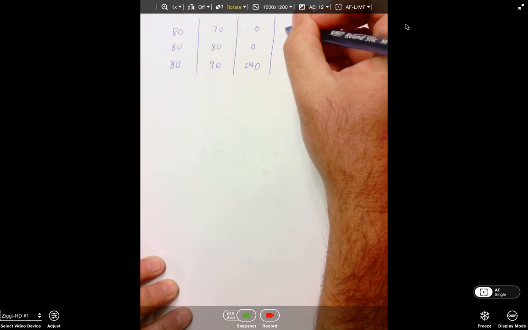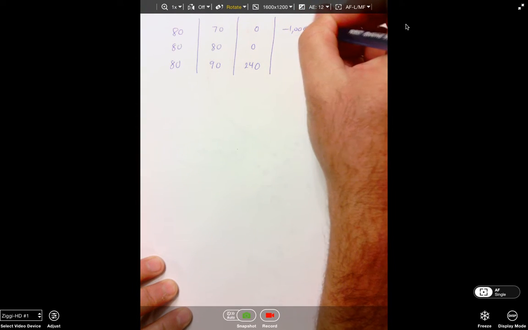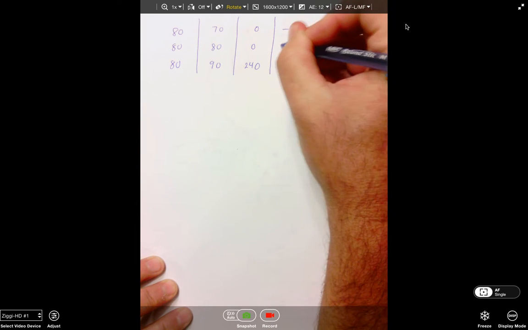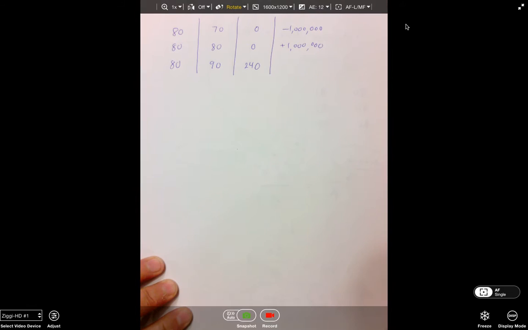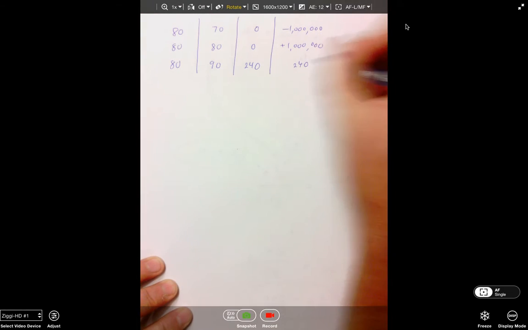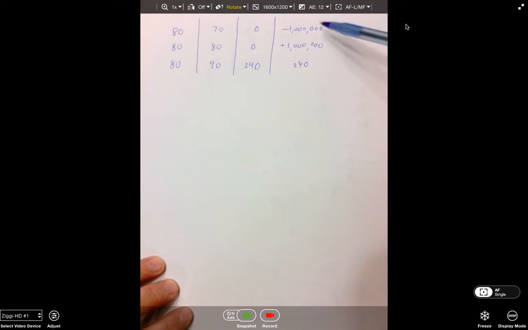And of course, you could get really silly. Negative a million. You'd have to be pretty silly to get negative a million on a test. You'd have to be awful smart to get positive a million. But nevertheless, just to go to an extreme, negative a million plus a million is 0, plus 240 gives you 240, divided by 3 gives you an 80.